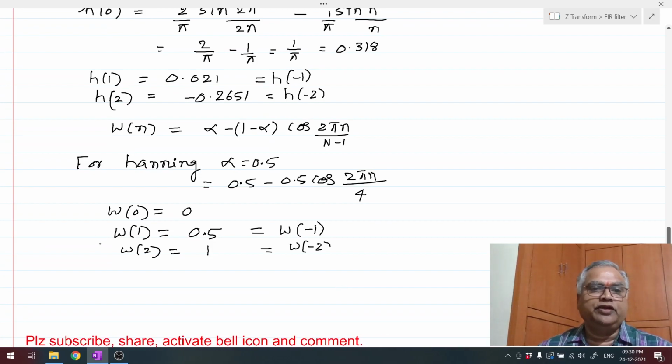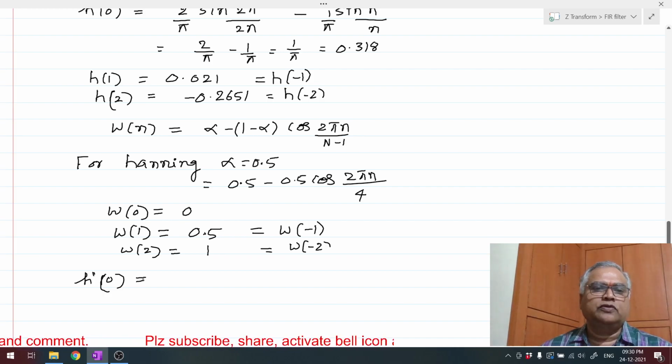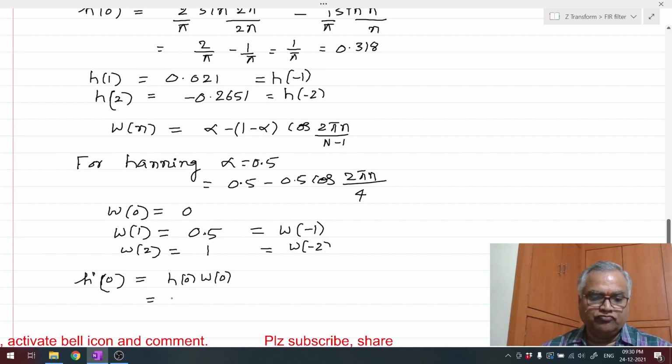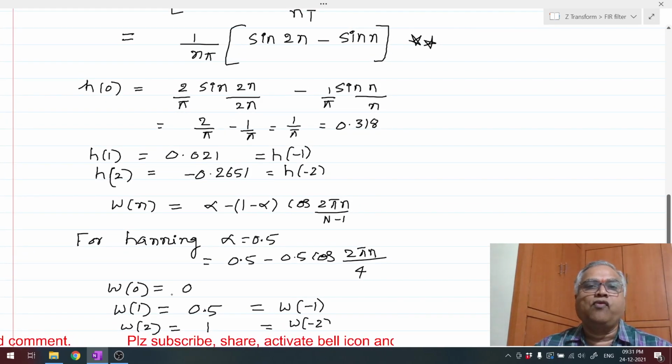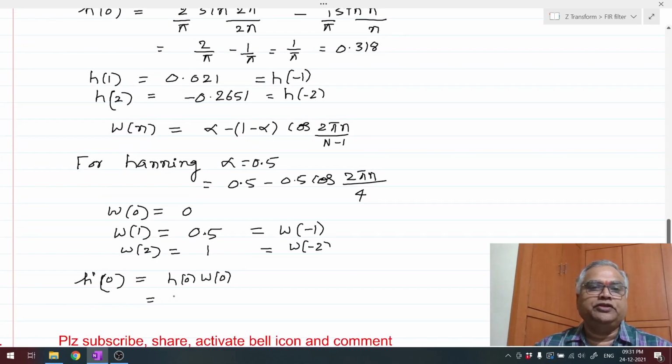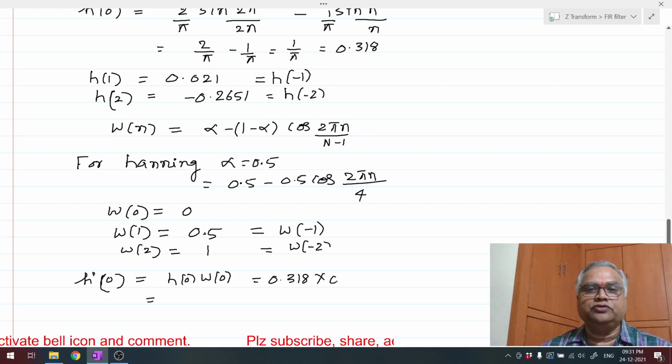Now we want to find the windowed coefficients. H prime of 0 is equal to h of 0 times W of 0. What is h of 0? H of 0 is 0.318, but W of 0 is 0, so the product is 0.